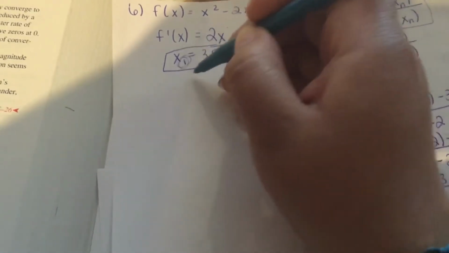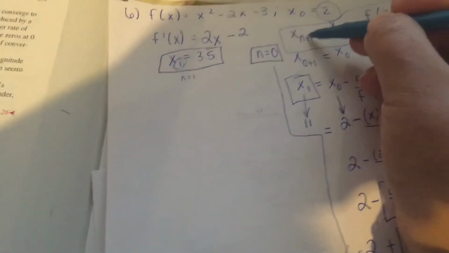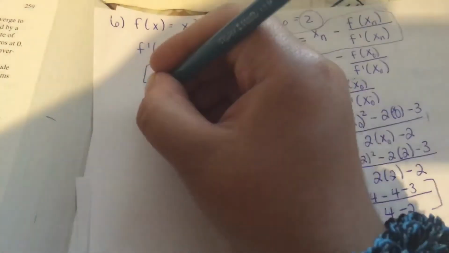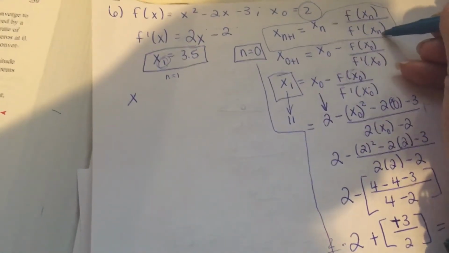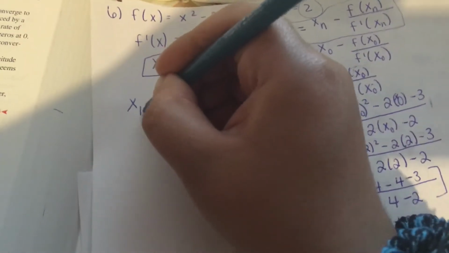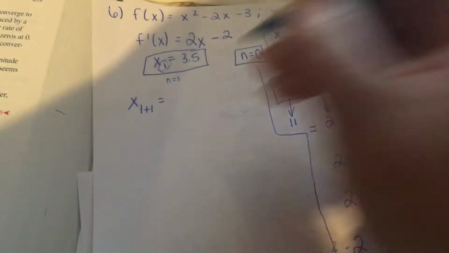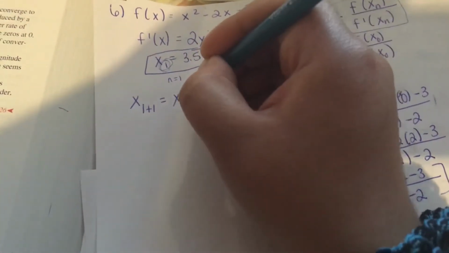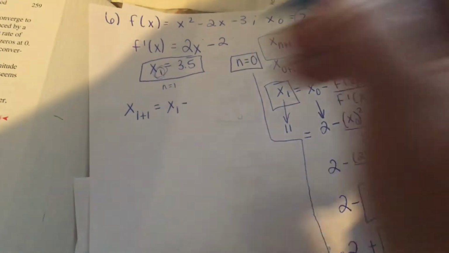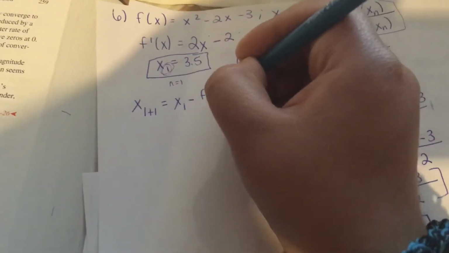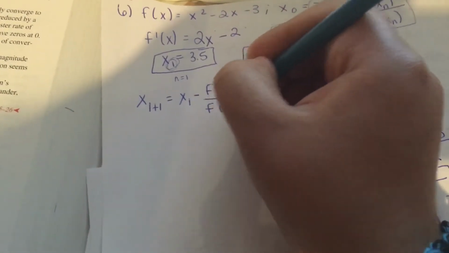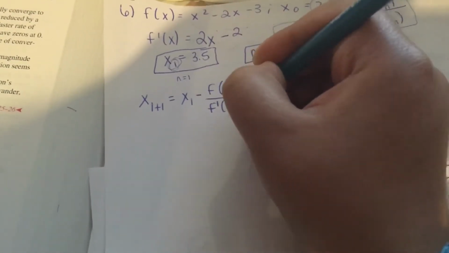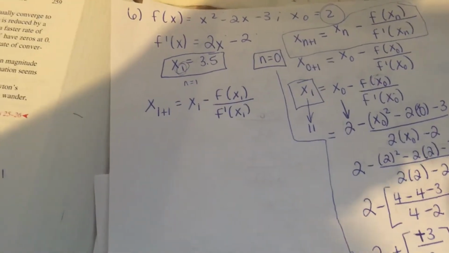Our n is 1, so wherever you see an n, you're going to put a 1 there. x sub n plus 1 is equal to x sub n minus f of x sub n over f prime of x sub n.